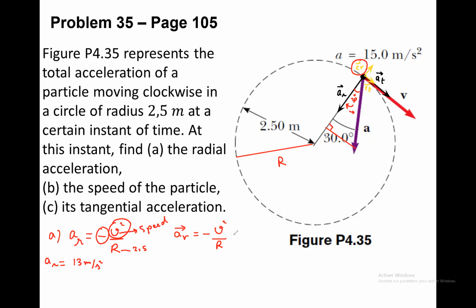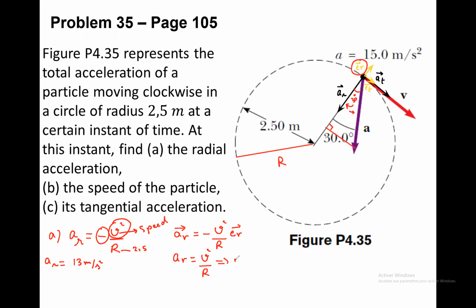So AR is minus ER, like I and minus I, J and minus J. AR is in this direction, but ER is in the opposite direction. You can write it like this, or you can write the magnitude as V square divided by R.